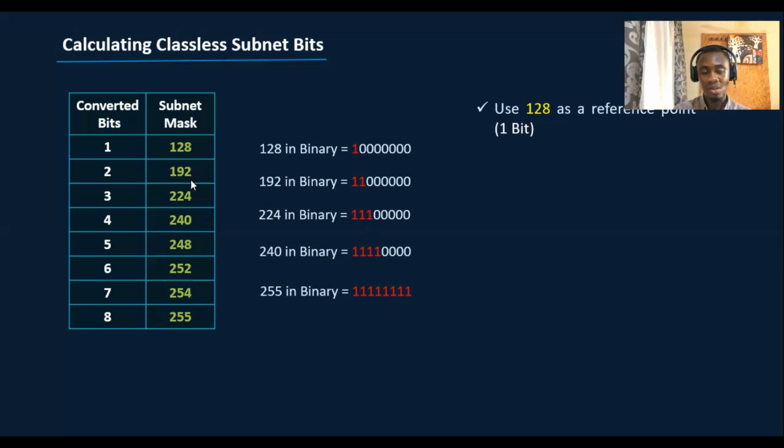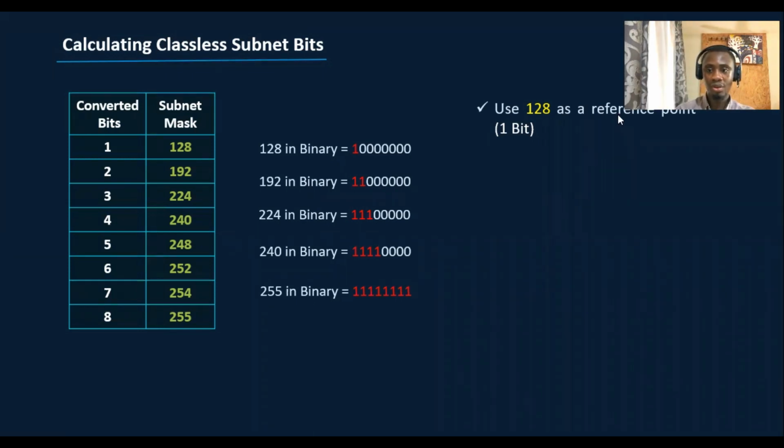That is why we use these particular values, because they are the only ones that will give you 1 bit of 1s, then 2 bits of 1s, then 3 bits of 1s, 4 bits of 1s, all the way to 8 bits of 1s. So I hope you're getting it up to this point. And you also realize that 1s are all to the left and all zeros are on the right. You don't have 1s interleaving the zeros. And that is how it is with an IP, subnets, and borrowing of bits.